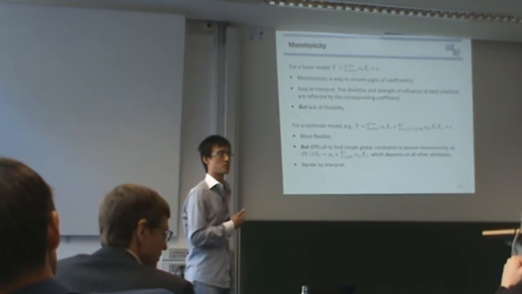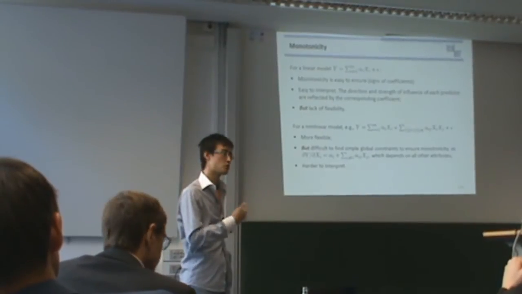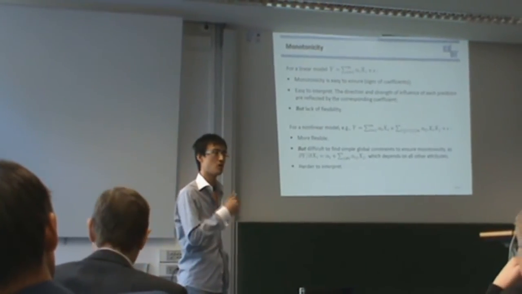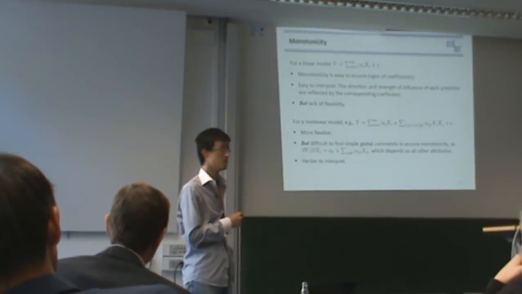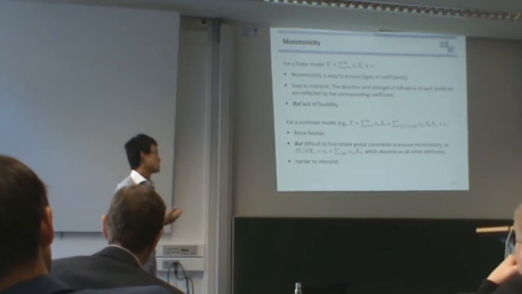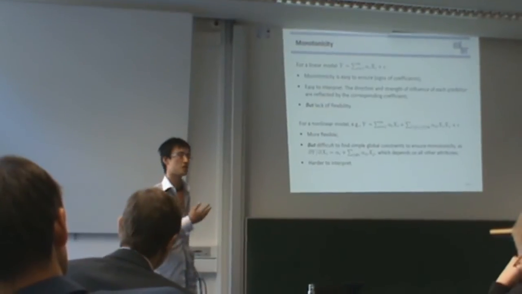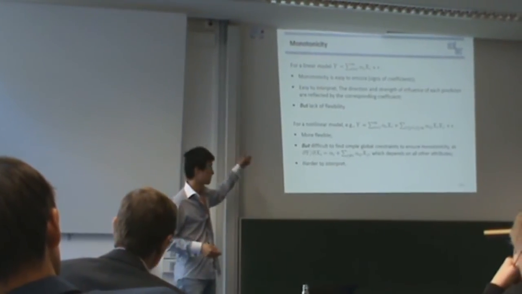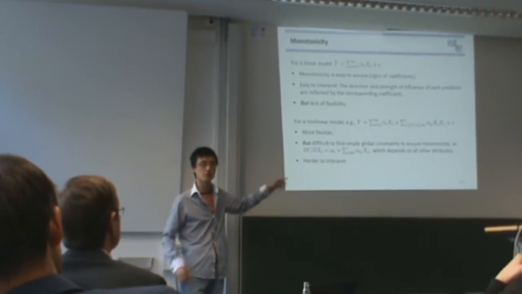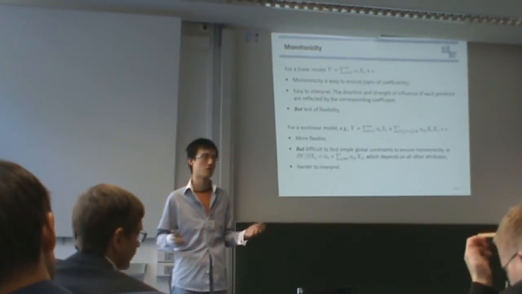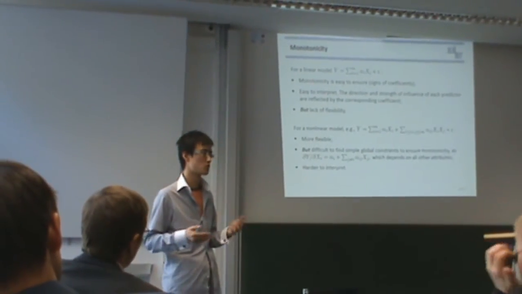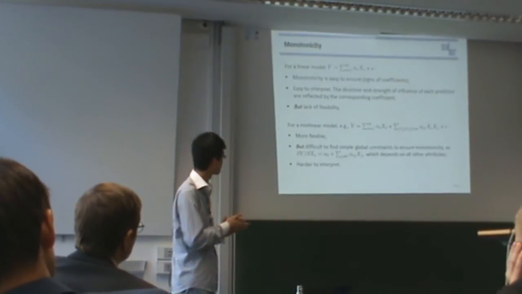So in this situation, it's very difficult to pose a sufficient and necessary condition for monotonicity, right? And in general, a nonlinear model is much harder to interpret than a linear model. These three points not only hold for this single nonlinear model, but also hold in general for other nonlinear models, like multilayer neural networks, decision trees, and so on and so forth.